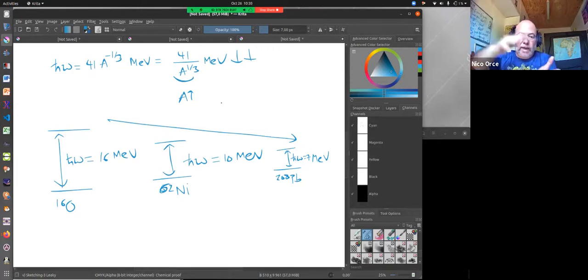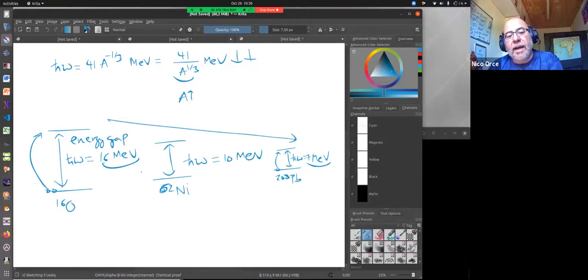The levels will get squeezed down, so that in oxygen 16 you need a big jump of energy to promote a particle to the next level, with respect to a particle in lead, which will be a relatively easier 7 MeV. Here we need double the energy to jump this big energy gap.